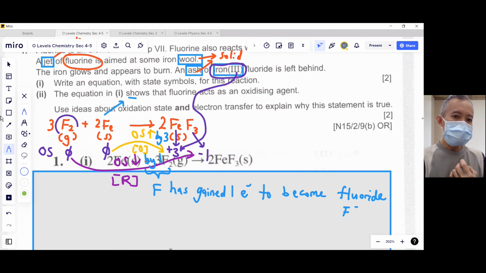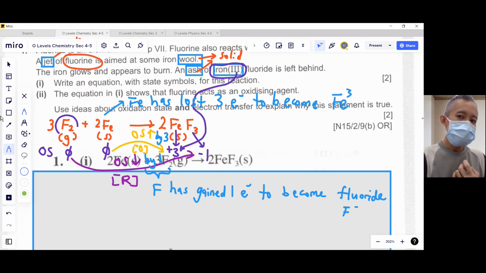It means iron has lost 3 electrons to become iron 3+. So that is the relationship between OS and electrons.